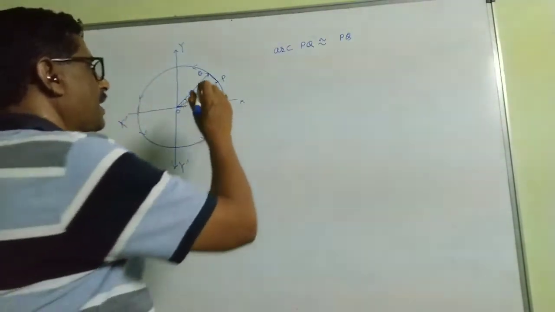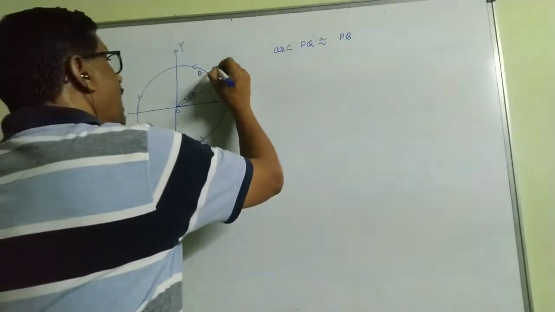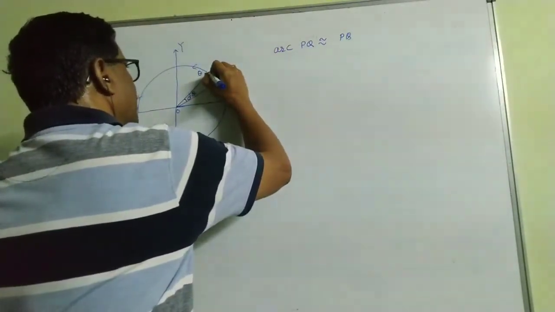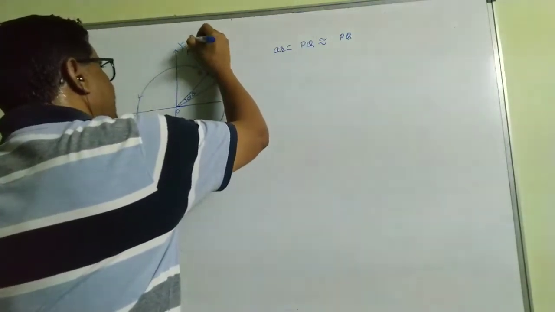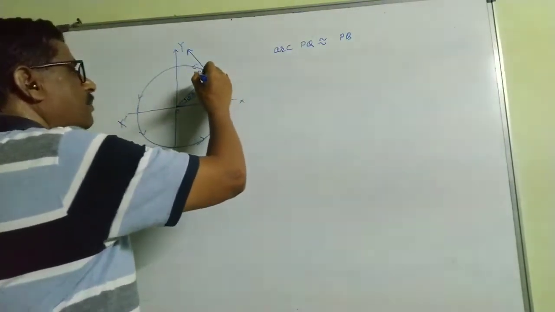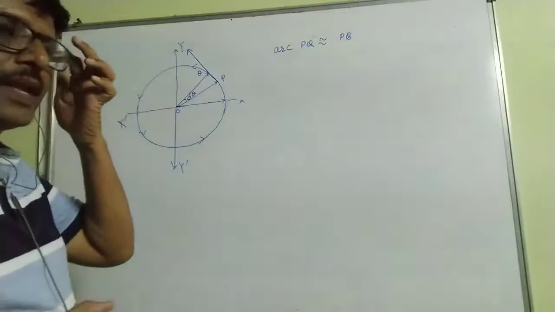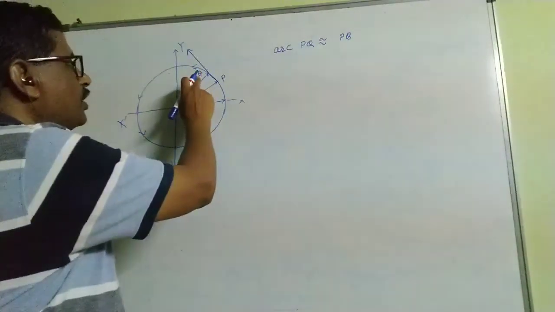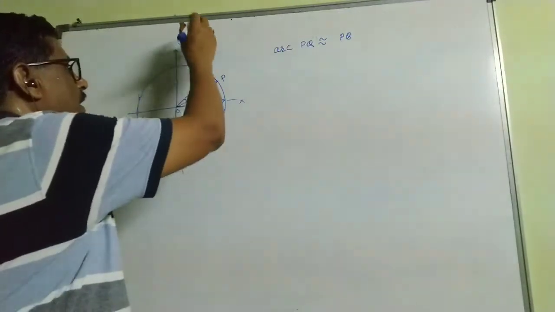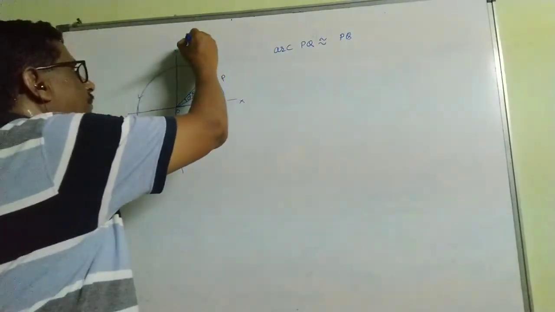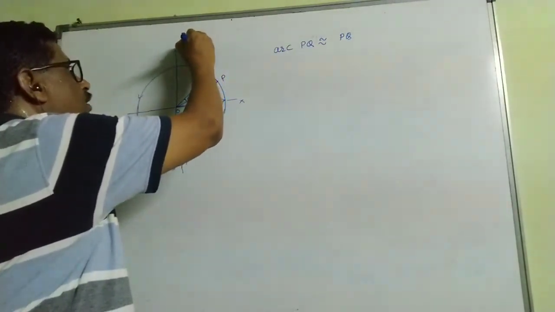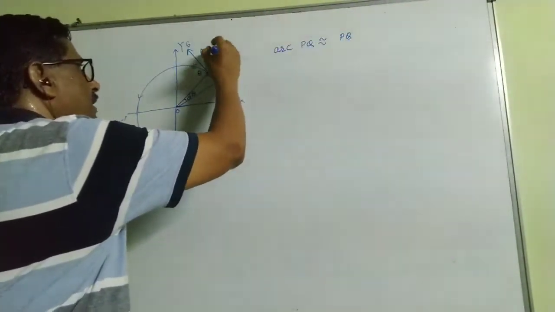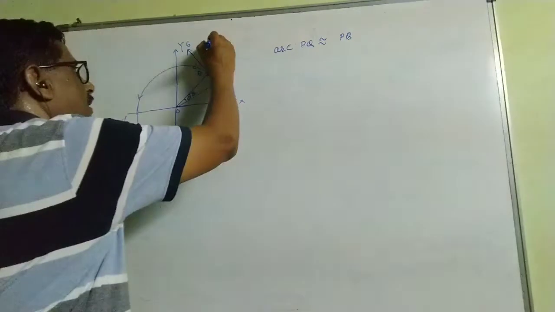The velocity at point P and at point Q, that is the linear velocity, is along the tangent drawn to the circle. The linear velocity at Q is represented by QS and the linear velocity at point P is represented by PR.